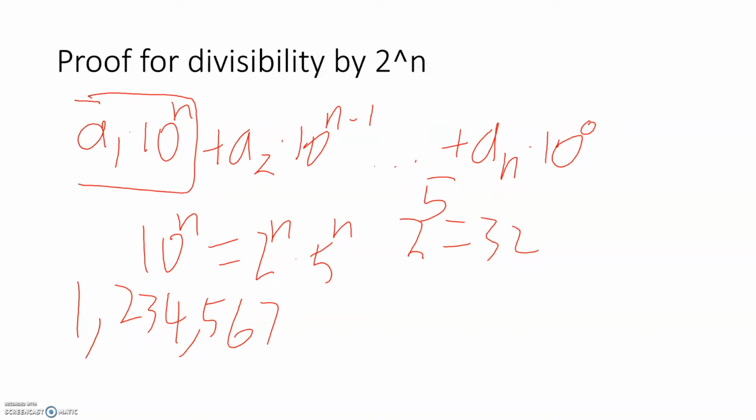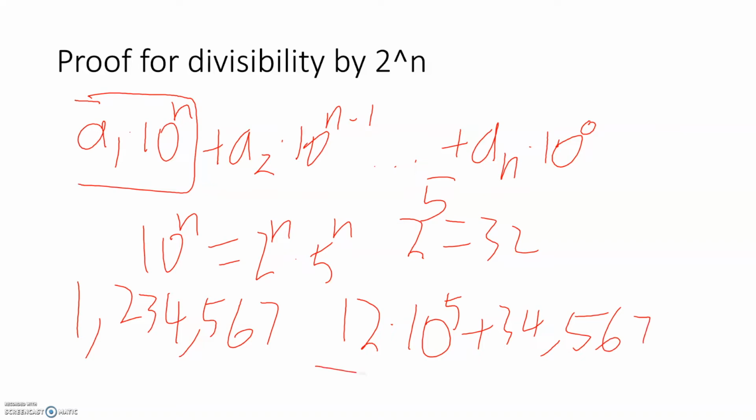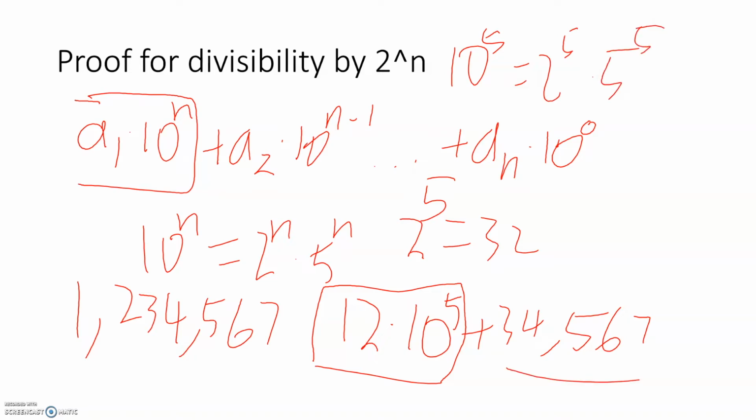So we can just rewrite this as 12 times 10 to the 5th plus 34,567. And since we know the first term is divisible by 2 to the 5th, since 10 to the 5th is equal to 2 to the 5th times 5 to the 5th, we only need to worry about the last n terms.